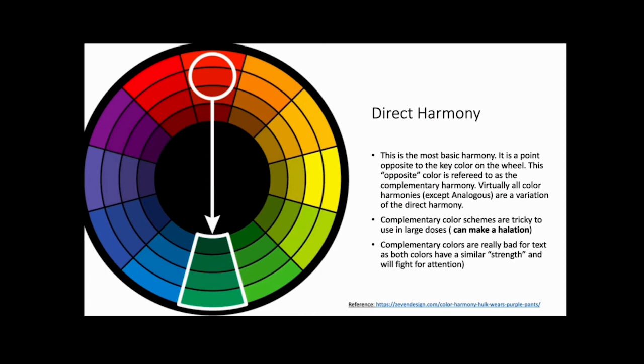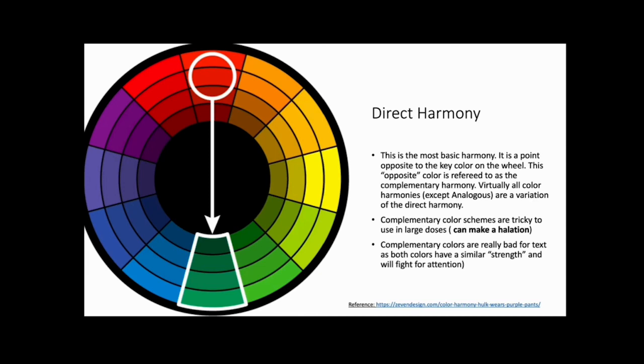So the very first one that we're going to talk about is complementary, or as it's referred to here, direct harmony. And this is kind of the most basic one that we have. It is exactly opposite on the color wheel, just directly across.